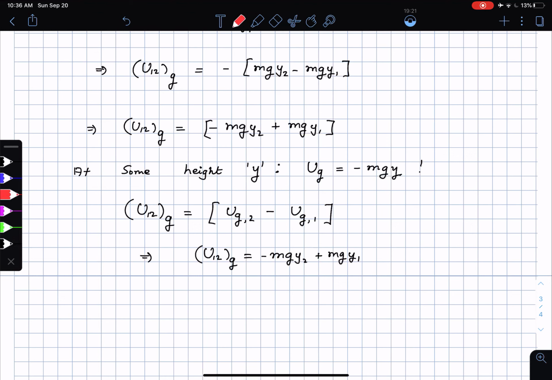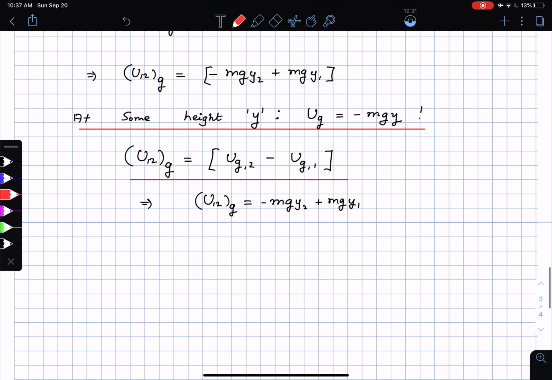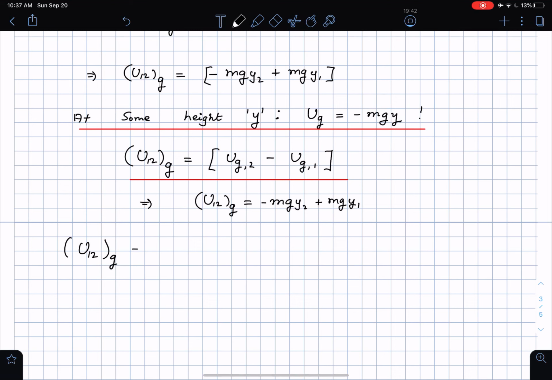Okay, so I'm going to underline some of these things. So at some height, this is the work done by the force of gravity. Okay, and this is the net work done by the force of gravity. So maybe let us rewrite these things again, because these are going to come back for us again. So U12g, let me put my parenthesis properly, U12g, which is Ug2 minus Ug1, and which is minus mg y2 minus mg y1.